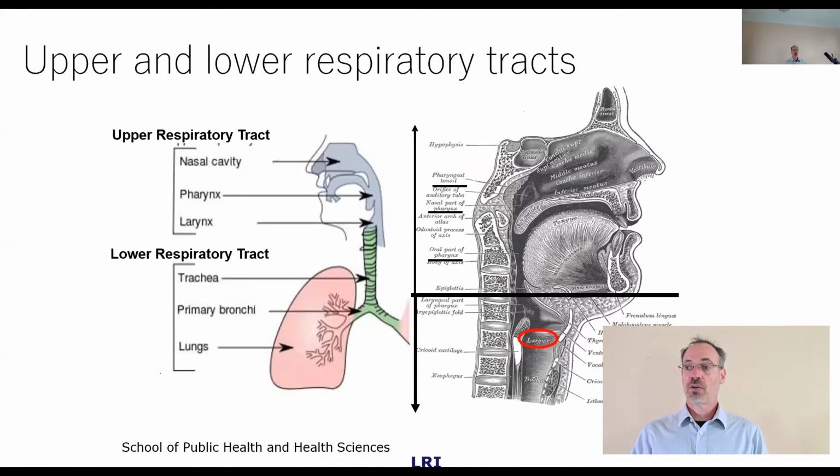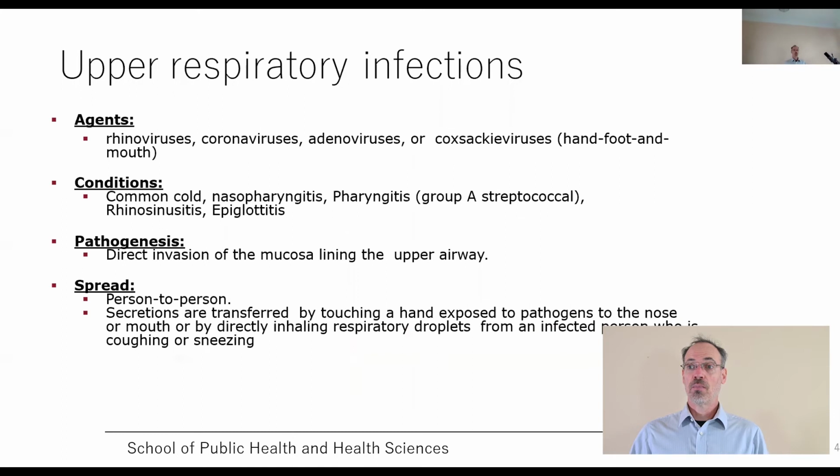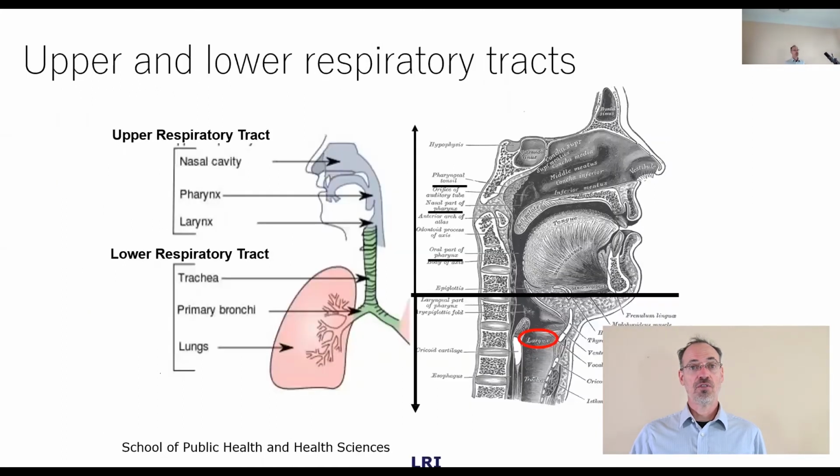A little bit of a look at the anatomy of the respiratory tract. The upper respiratory tract is generally everything above the larynx. Everything below the trachea and the lungs is considered the lower respiratory tract. Pathogens in general opt to go through the mouth and the nose because that's sort of the most open entryway into the body.